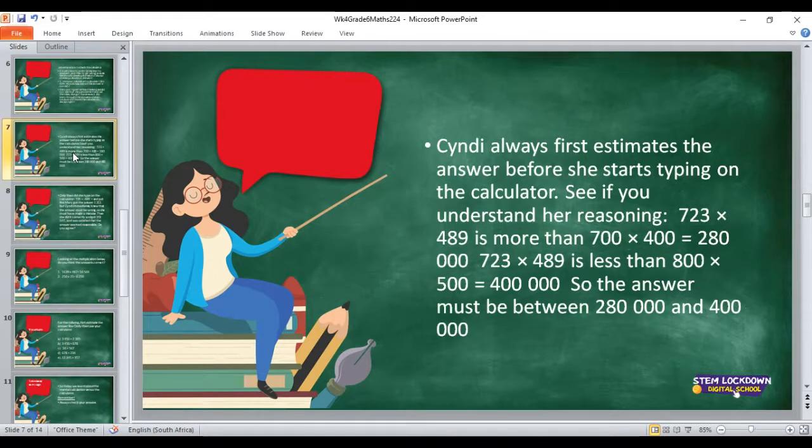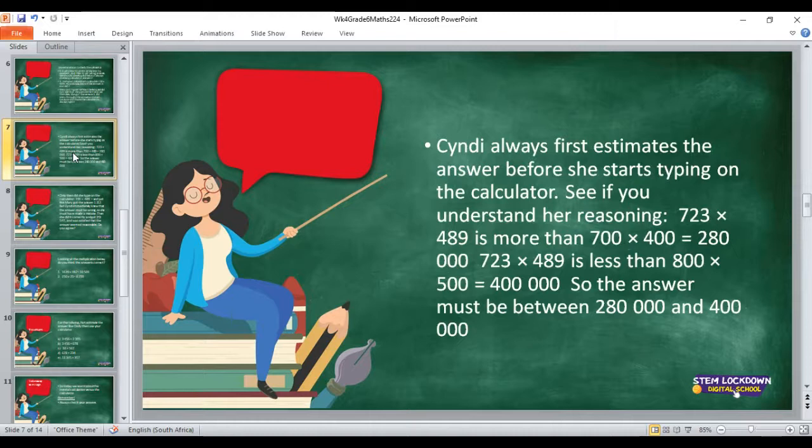All right, because the example that I made earlier on how I would estimate is that I would round it off to the nearest 100 just to see if I will be able to get the right answer. So I took 723, rounded off to the nearest 100, which gave me 700, and also rounded off 489, which gave me 500, and I multiplied and I got 350,000.